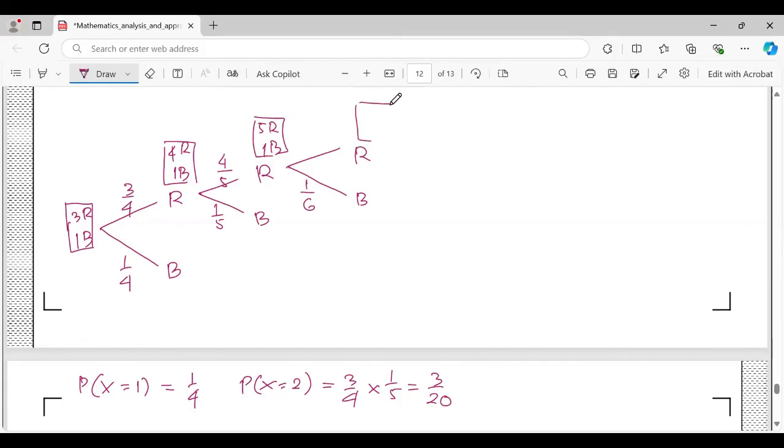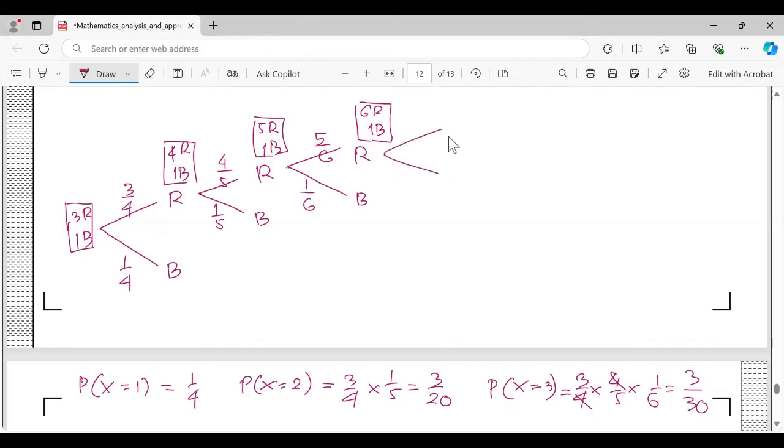And the condition becomes she adds 1 more red, 6 red, 1 blue. And the probability becomes 5 over 6, 5 red over 6. So probability x equals 3 equals 3 over 4 multiply 4 over 5 times 1 over 6, 3 over 30.